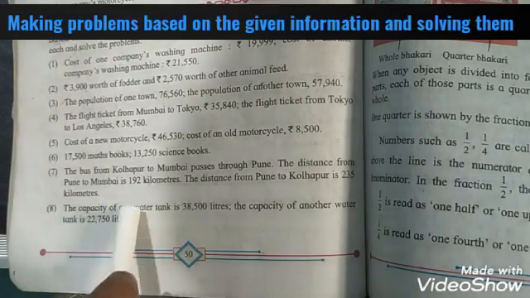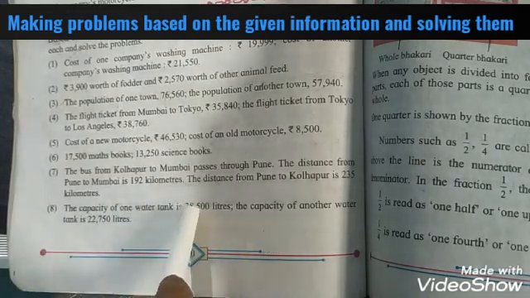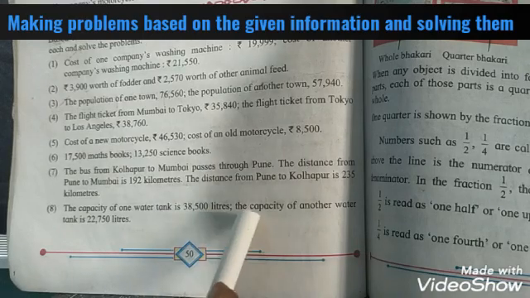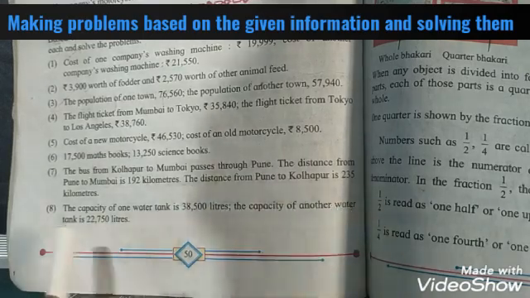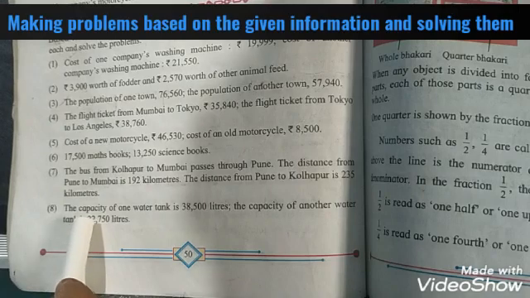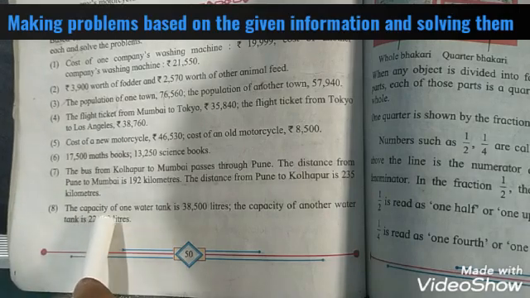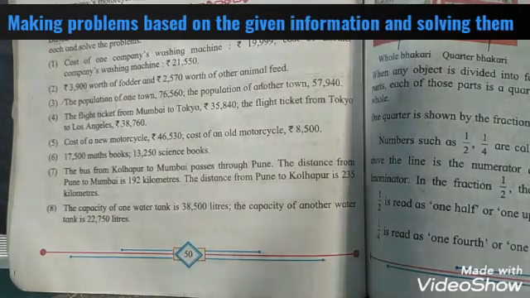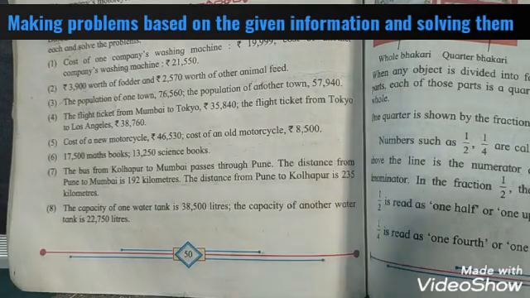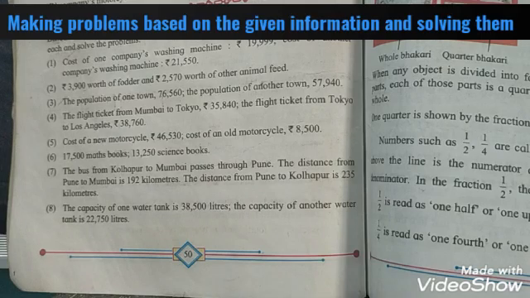The capacity of another water tank is 22,750 liters. So from this information you have to make one addition and one subtraction example. Okay, we will see this on the blackboard.